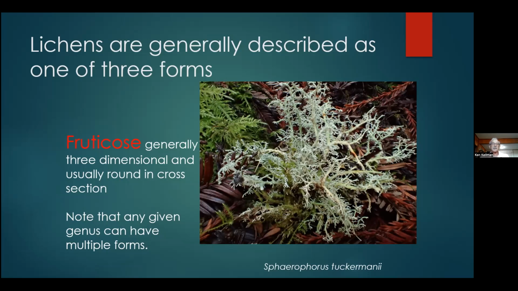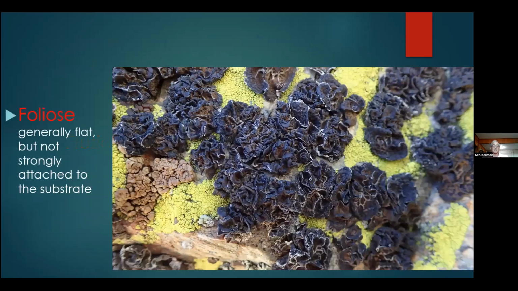The next one is foliose, and that's generally flat. It has an upper and a lower surface that has some difference in appearance, but these are not strongly attached to the substrate. If you wet them a little bit and get a little knife blade or a credit card underneath them, you can generally remove them from the substrate fairly easily and look at the lower surface.